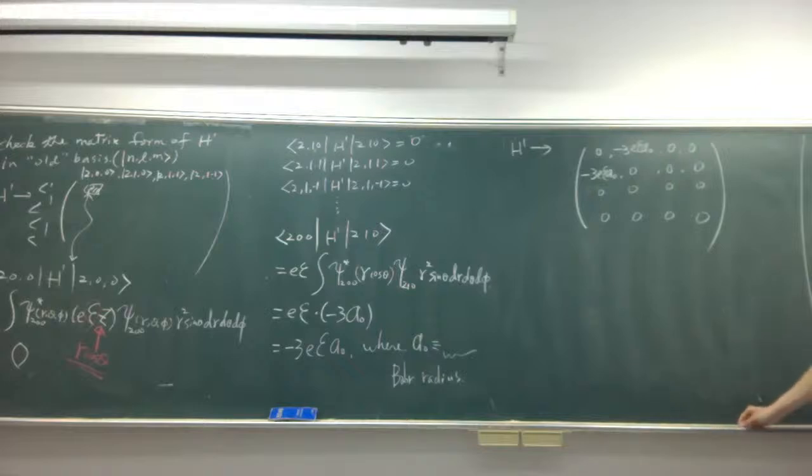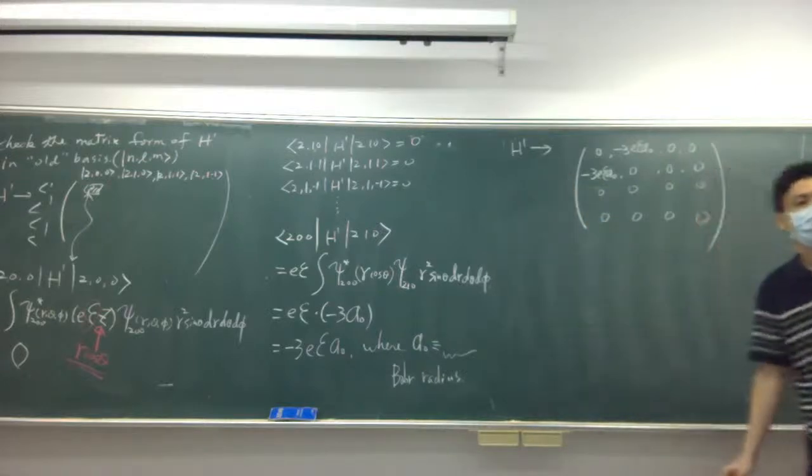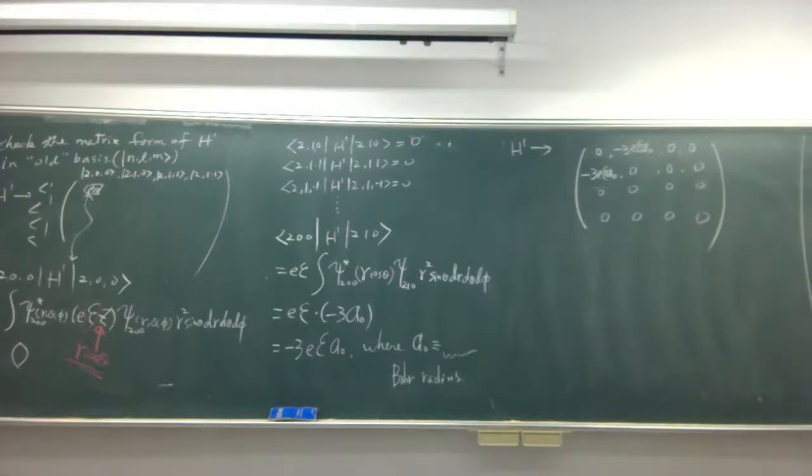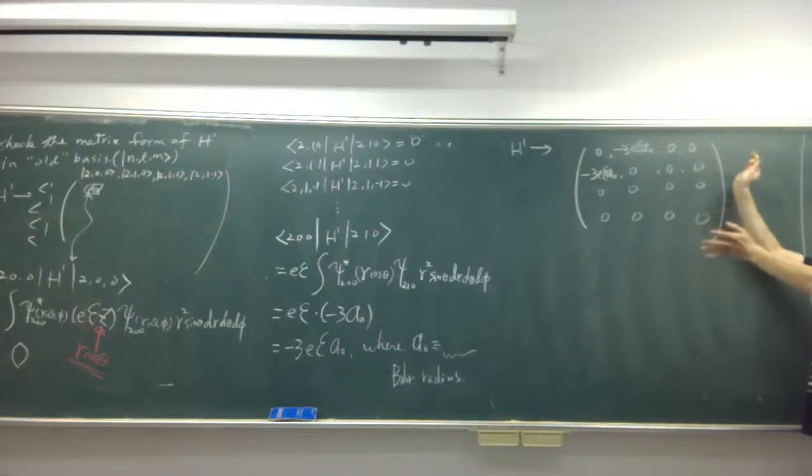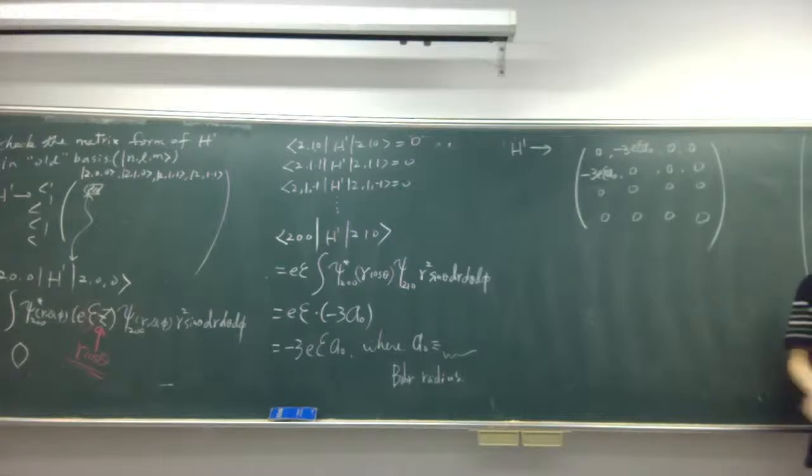So now H1, obviously this is not diagonalized. This is not a diagonal matrix. So we have to diagonalize this. Well, all the other elements are 0, so it doesn't really matter, right? Therefore, which part matters? This part.